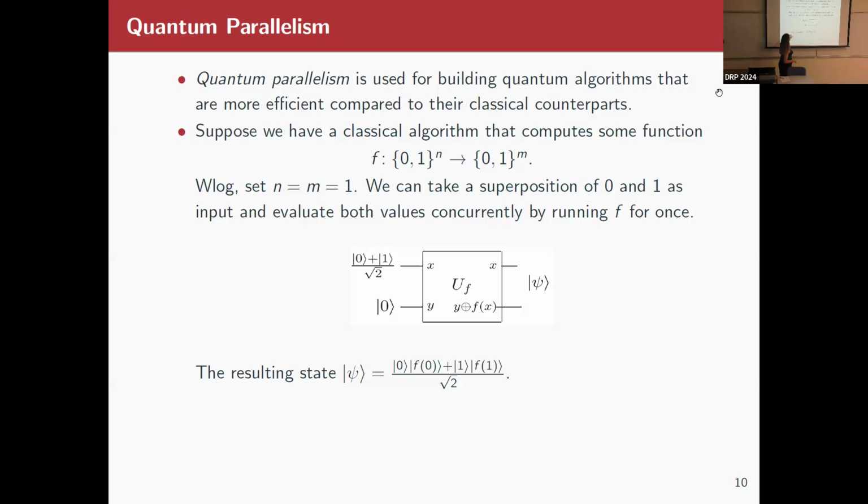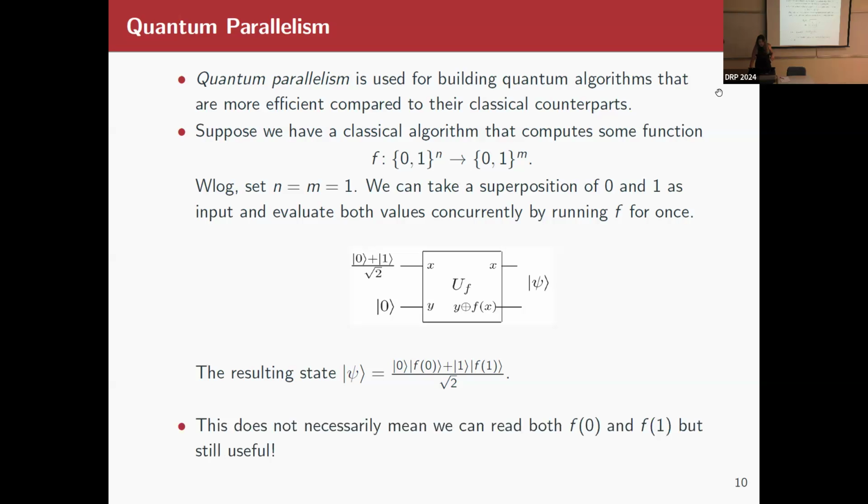When we run it, the resulting state will be the tensor product of input and output. But when we run this, we are not getting the results separately. So this does not necessarily mean we can read both f(0) and f(1), but it is still useful.